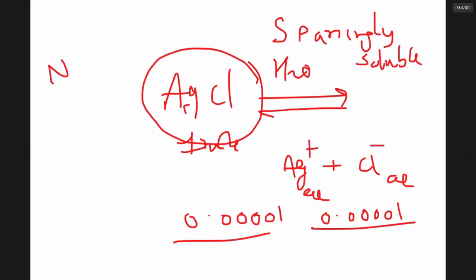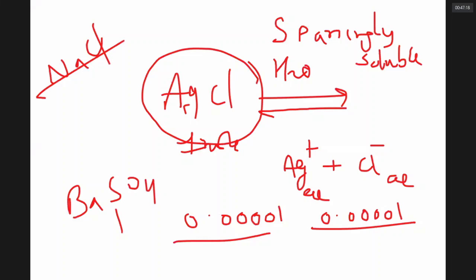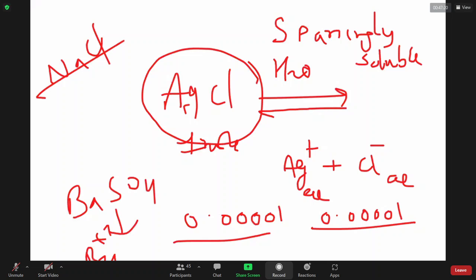Ordinary salt dissolves nicely, a lot of amount dissolves. To get the equilibrium and precipitation, you need to try to dissolve more salt. For AgCl, a very slight amount itself can make it precipitate. If I am putting barium sulfate in water, you feel it is not dissolving. Why is it not dissolving?